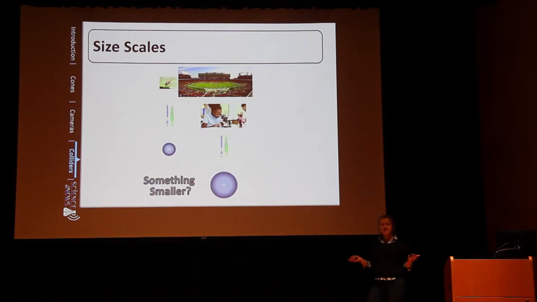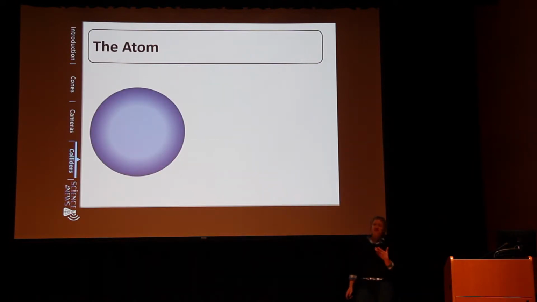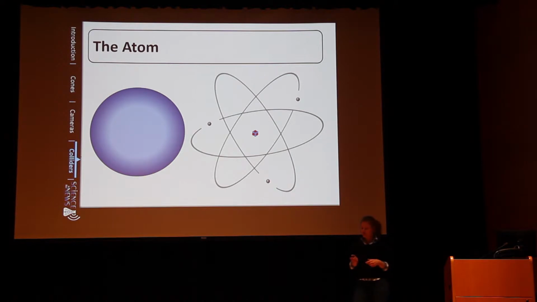But we can ask, is there something smaller than the atom? If you've studied a little chemistry, you know the answer is yes. The atom isn't just this solid sphere that I've shown in the cartoons so far. It's actually made of a nucleus at its center, surrounded by electrons, which orbit the nucleus. The electrons are the particles of electricity, actually.